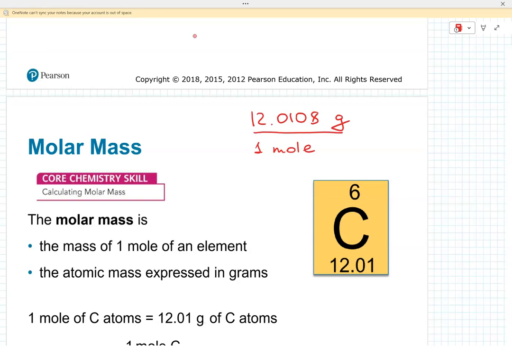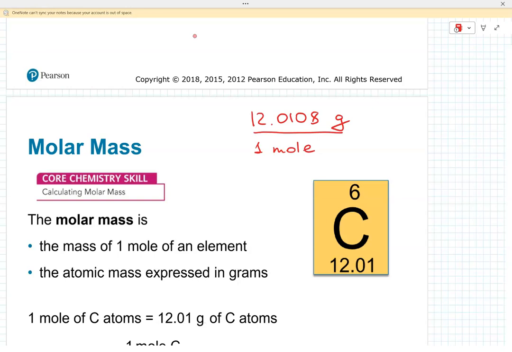Let me do some other exercise. Look at the periodic table and tell me what is the molar mass of aluminum. Molar mass. How much? Units? If it's a molar mass? Grams. So 1 mole of aluminum has a mass of 26.9815.